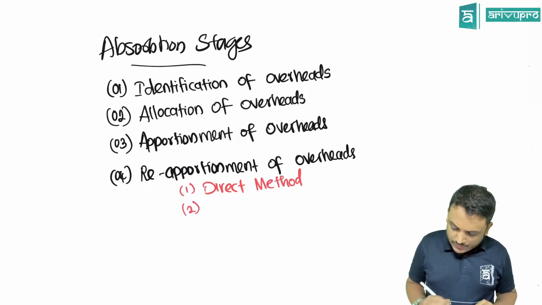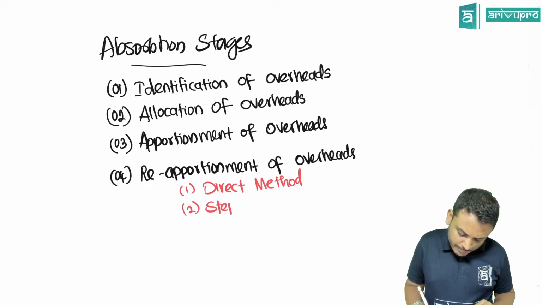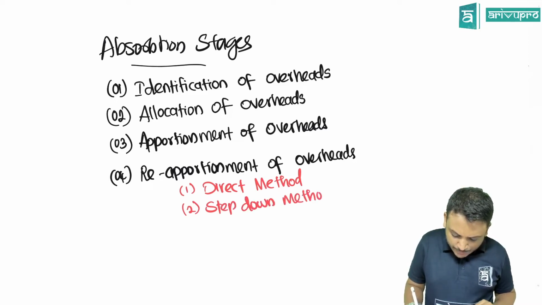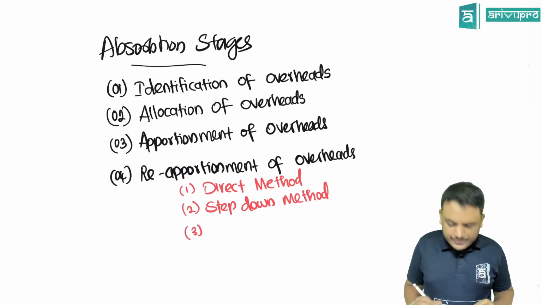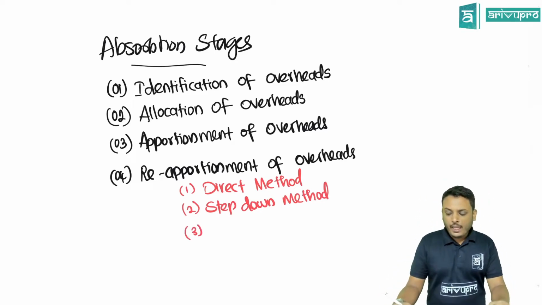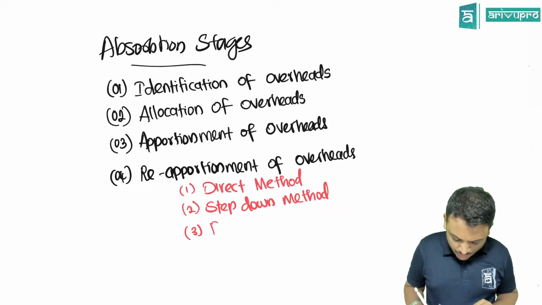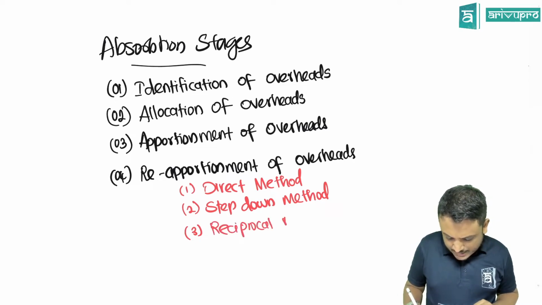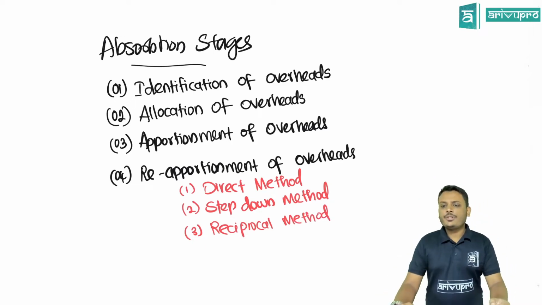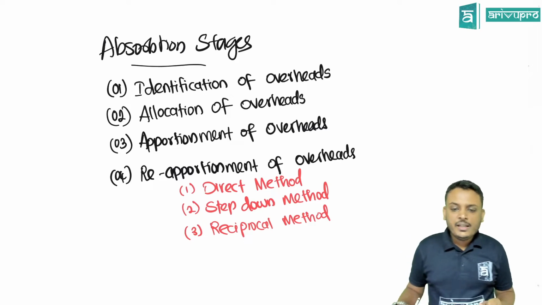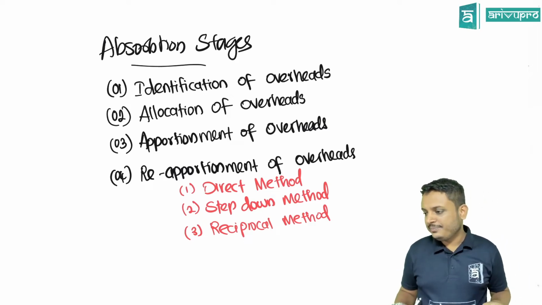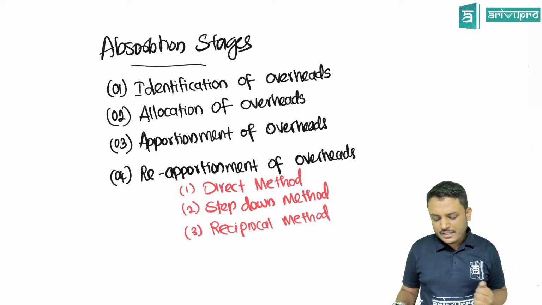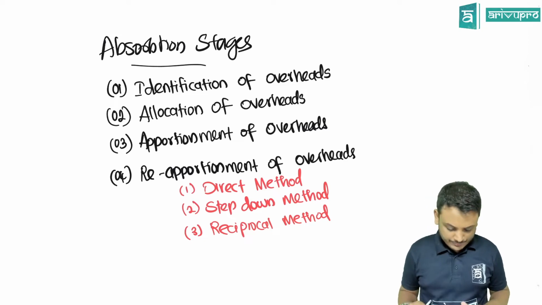Number two, the step down method. Number three, the reciprocal method. All these methods are reapportionment methods.